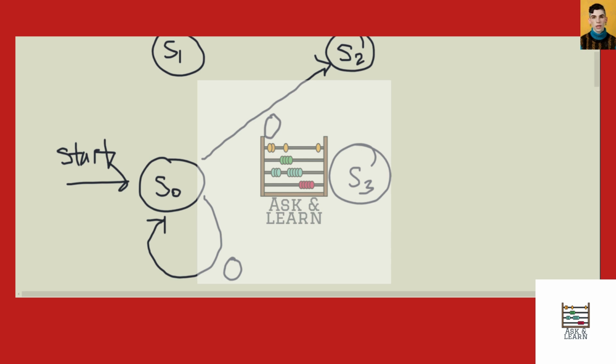Likewise, we have an edge from S1 to S0 labeled a 1. We have an edge from S1 to S3 labeled a 0.